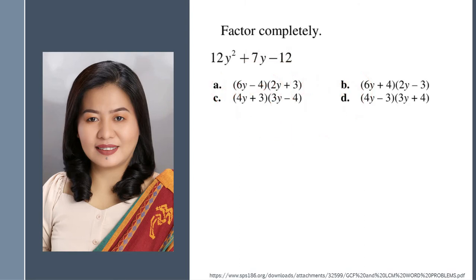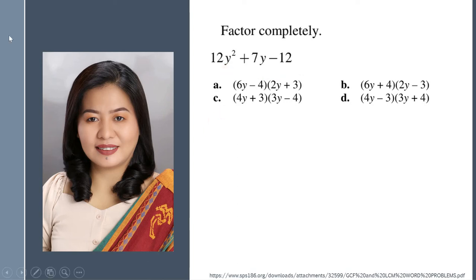Our second number is 12y squared plus 7y minus 12. Since there are choices here, what we will be doing is just look at the choices and check if they give us the terms found in the given.